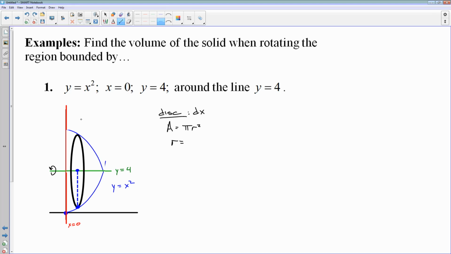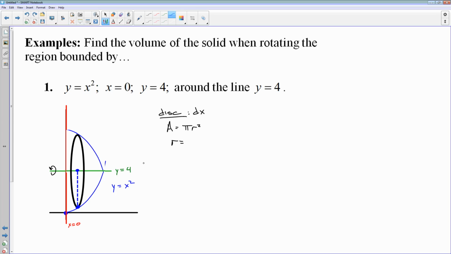Now to find the length of that radius, there are a couple of different ways you could do it. I think of it as going from top to bottom. My radius is top minus bottom, just like when we were doing the area under a curve. If we were doing top and bottom, it was the top curve minus the bottom curve.